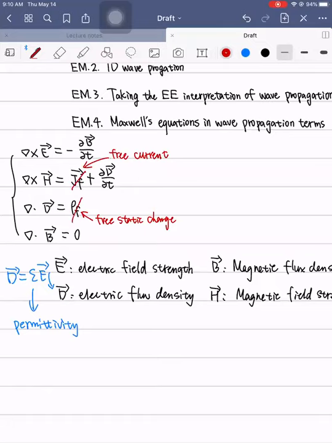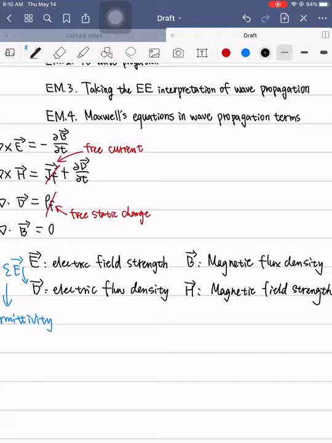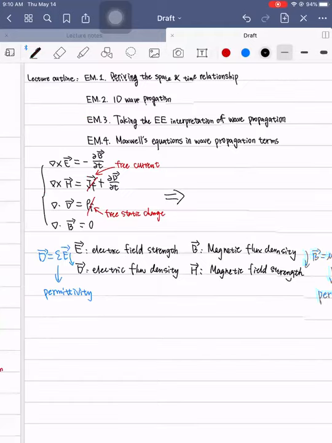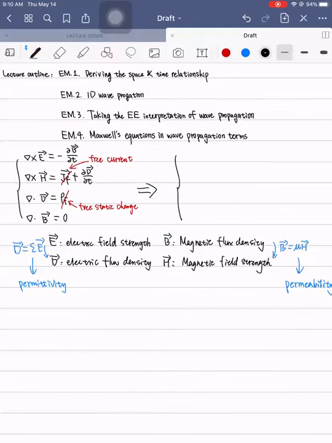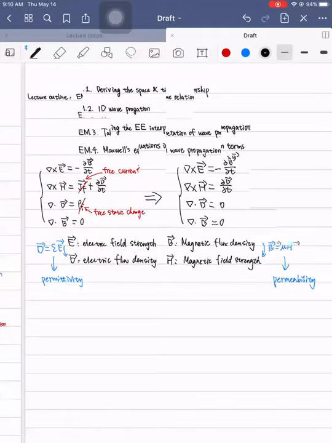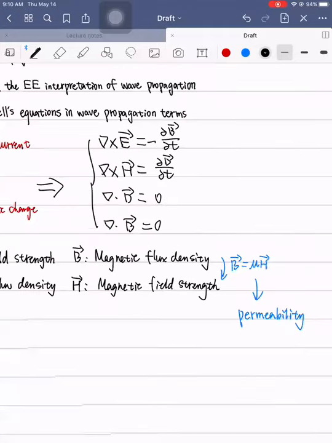So if without this, we can get Maxwell equations in media like this. Now I feel much more comfortable.